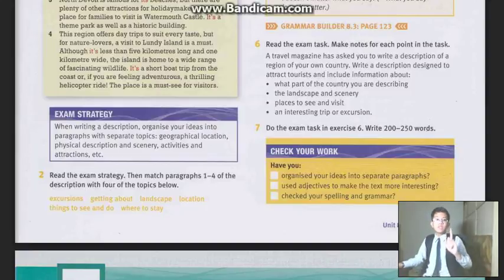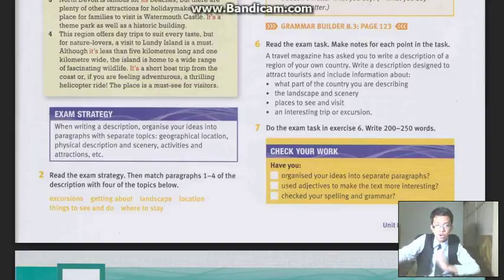Write 250 words. Remember that? And then check your work. Have you organized your ideas into separate paragraphs? So remember to split the paragraphs up. Alright? Use adjectives to make the text more interesting. Adjectives always.